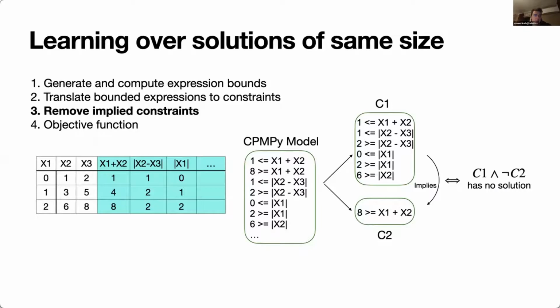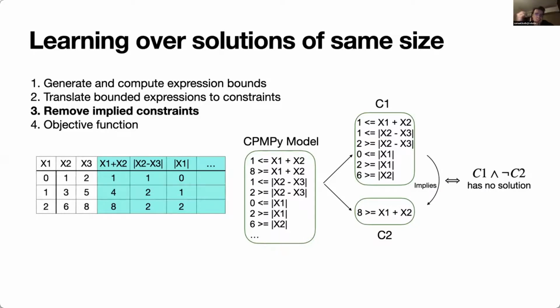But for a bit more involved constraints, what we do is we greedily check whether constraints are implied by other constraints. So we take all of the constraints, and then we take one out, and we check whether the set of leftover constraints implies the extra constraint.